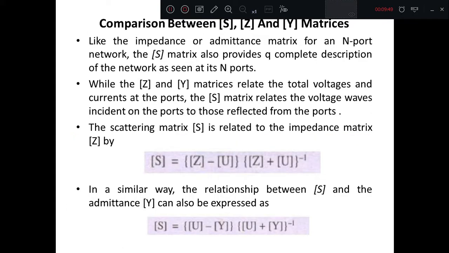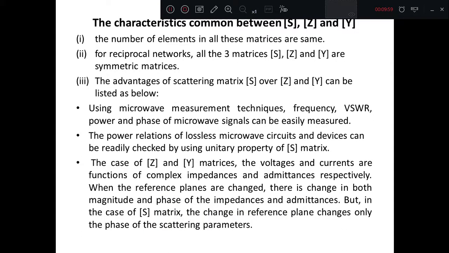Then we discussed the comparison between S, Z and Y, and how they are related to Z and Y matrices, also the unitary matrix. And then what the common characteristics are between S, Z and Y, and what the advantages of S over Z and Y are.